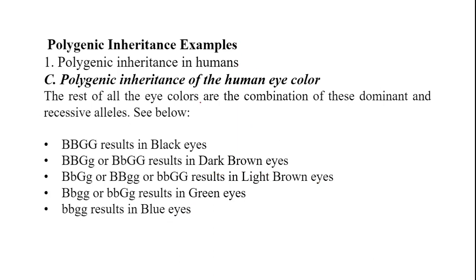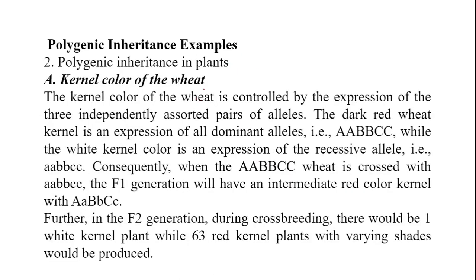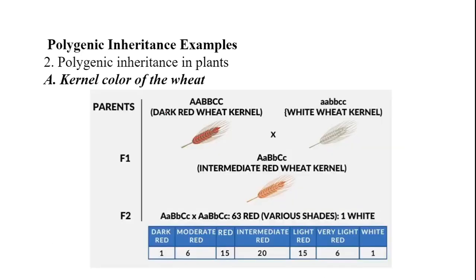With respect to plants, kernel color in wheat is the classical example, and polygenic inheritance was primarily identified in wheat kernel color. It was the first experiment conducted that identified polygenic interaction. It is also called QTL or quantitative inheritance. In that, dark red wheat is crossed with white.